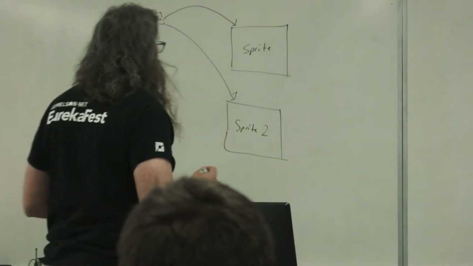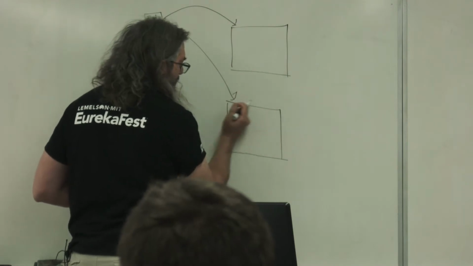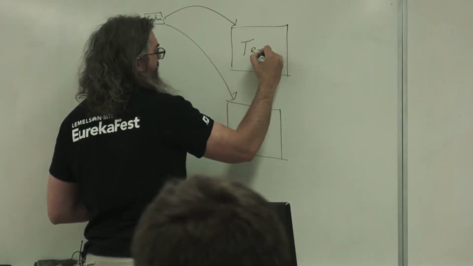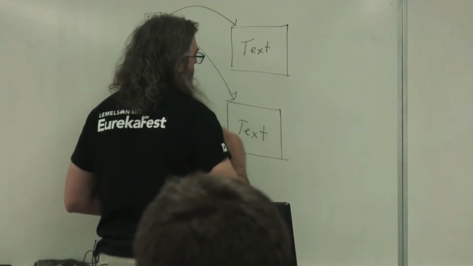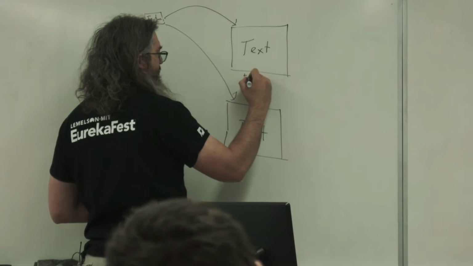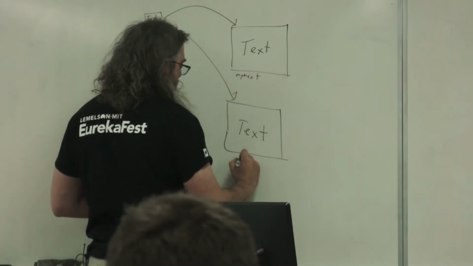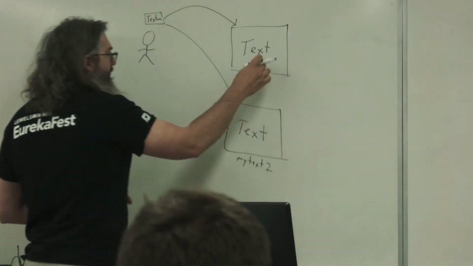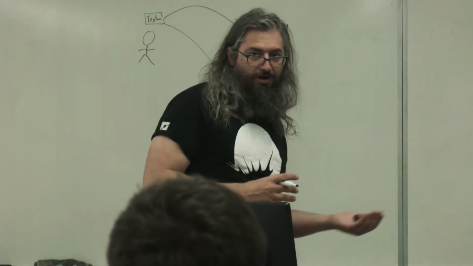Because things are consistent, the world of text objects works exactly the same, okay? I make a text object in SFML and I give it a name. This is my text, and this is my text too. So those are their variable names. And these guys are containers for a couple of things.